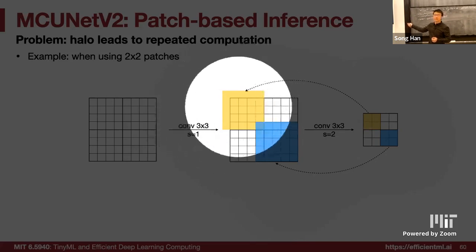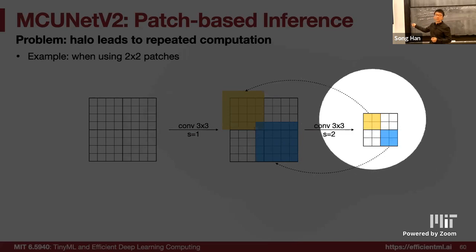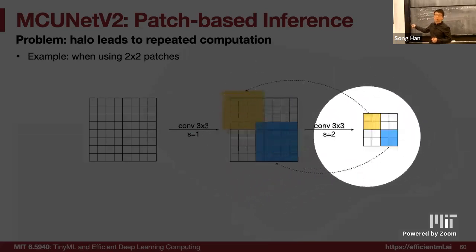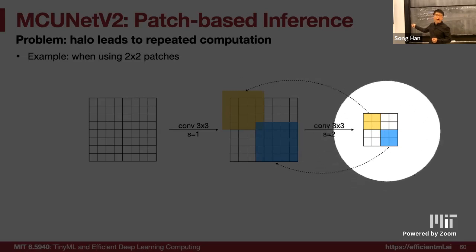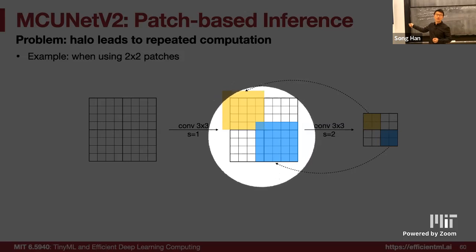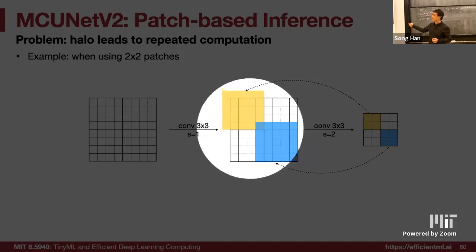Everything in this yellow region will impact the yellow region here. Everything in the blue region here will impact the blue region here. They have no overlap at this point, but they have a 1 pixel overlap here. Repeated computation, redundant computation in the halo region.